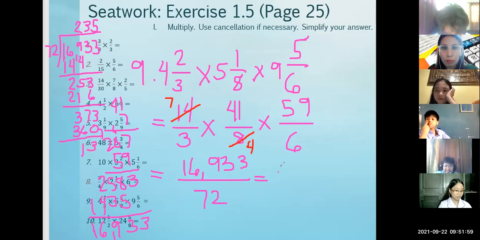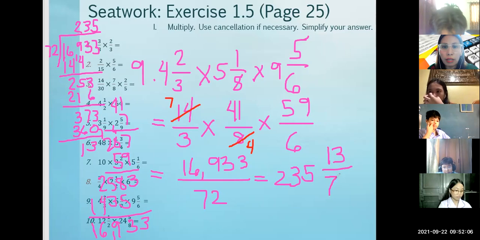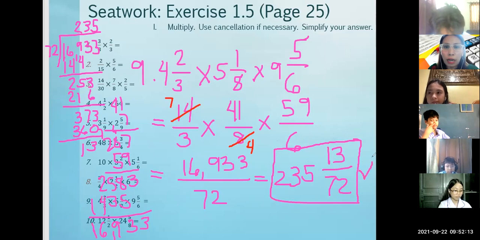There. 235 and 13 over 72 is the correct answer for number 9.